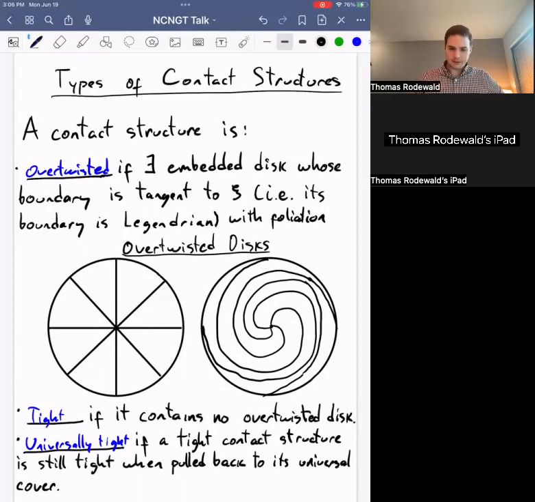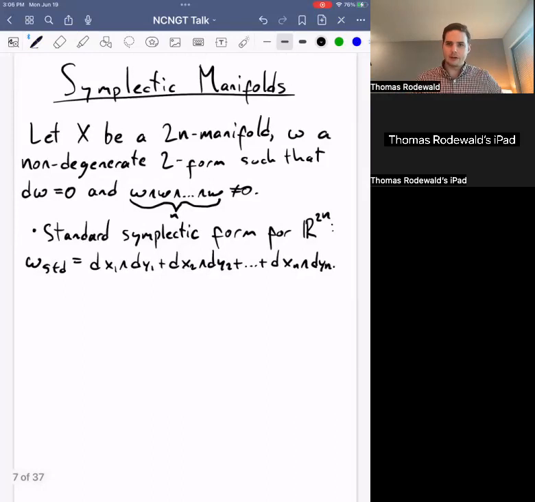All right, so contact structures are the odd-dimensional analog of symplectic manifolds. A symplectic manifold is an even-dimensional manifold where you have a non-degenerate exact two-form omega, and when you take the wedge product of it with itself n times, it's non-zero.